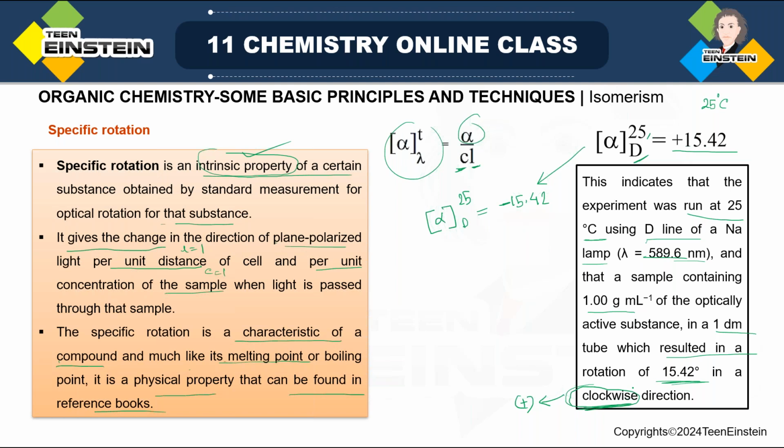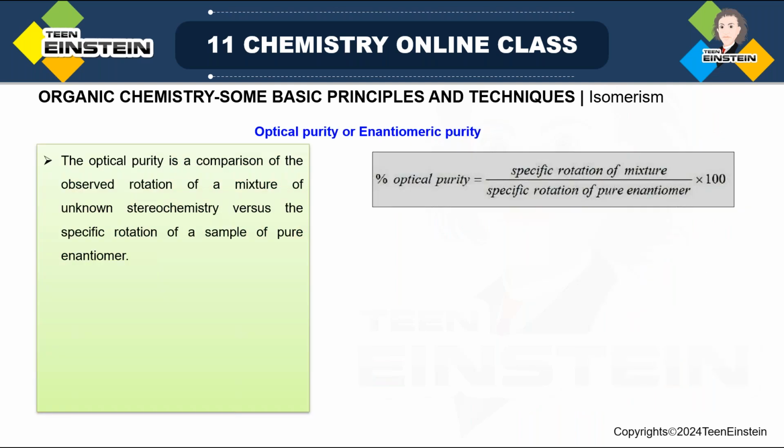If this question is arising in your mind, we will also come to that point. But before that, we will see what is optical purity and what is enantiomeric purity. Both actually explain the same thing, but sometimes we use the term optical purity, sometimes enantiomeric purity, but actually they mean the same thing.